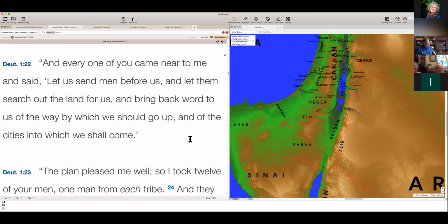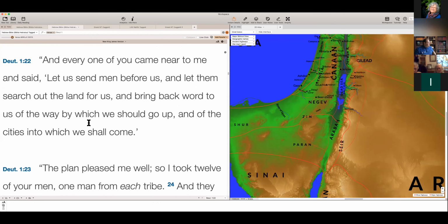they come near to me and said, let us send men before us and let them search out the land and bring back the word to us of the way by which we should go up, which is true. I mean, these are different ancient highways, so they're somewhere here in a valley.